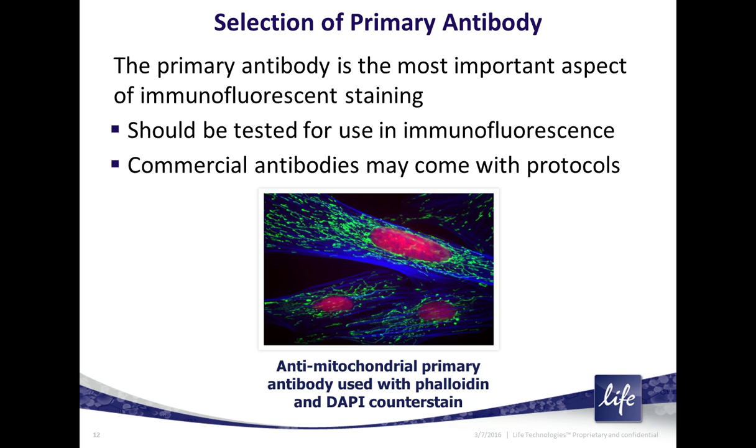But of course, when you're purchasing your antibody, there are some important things to think about, right? First, of course, you want it to be against the target of interest. Not all targets are commercially available, so you might have to have one custom made. There are some good sources for commercial primary antibodies. We sell quite a few here at Life Technologies.